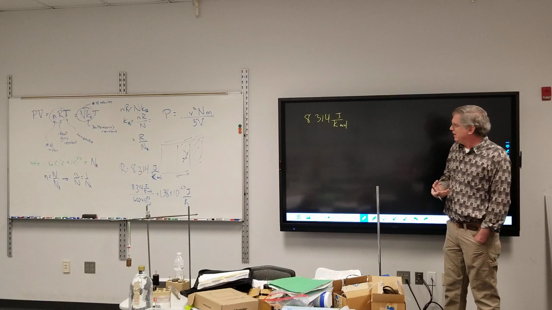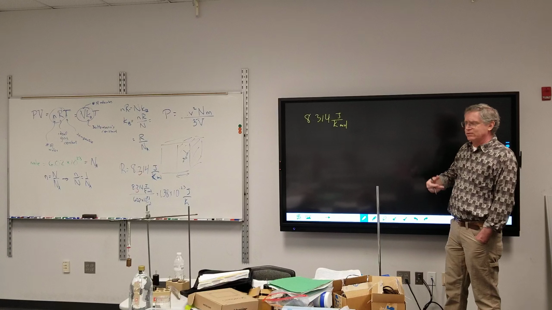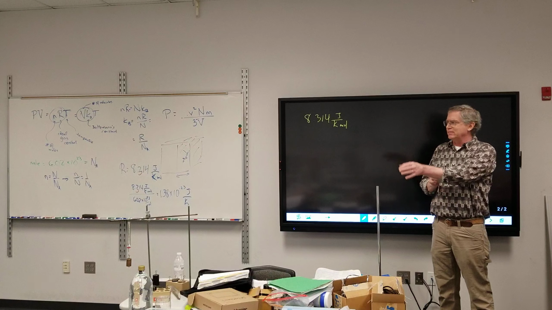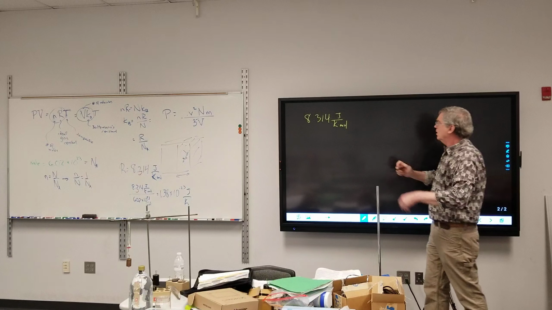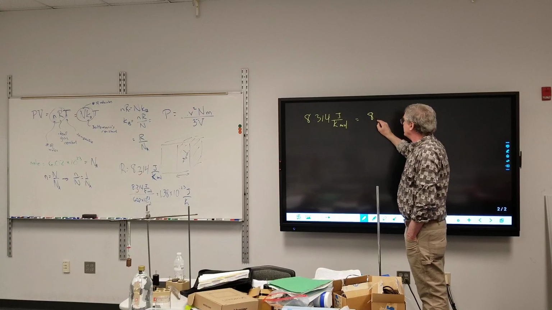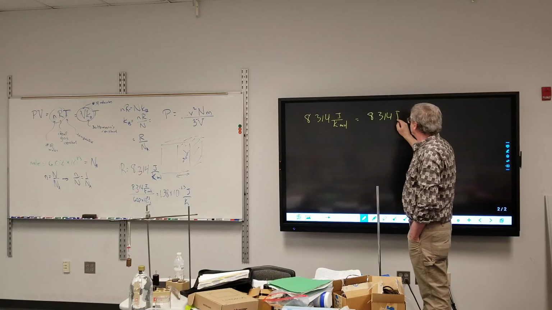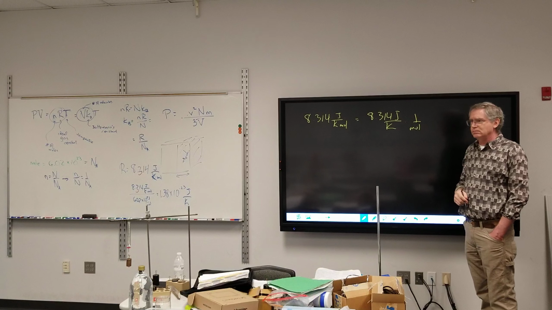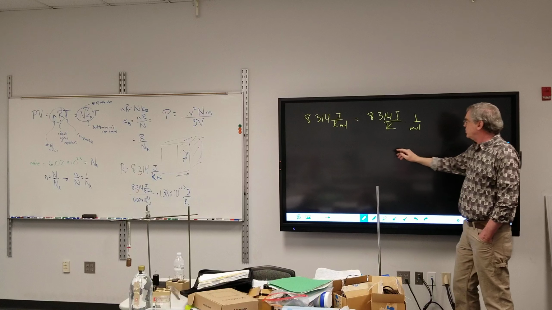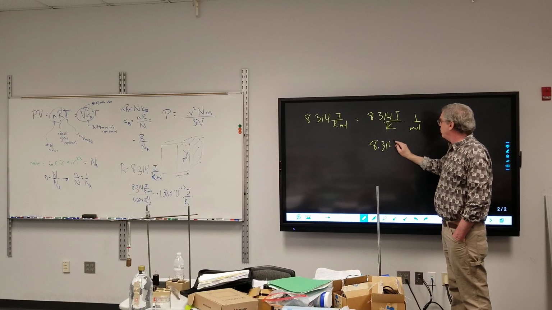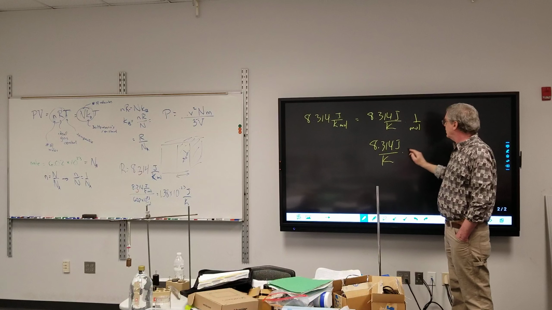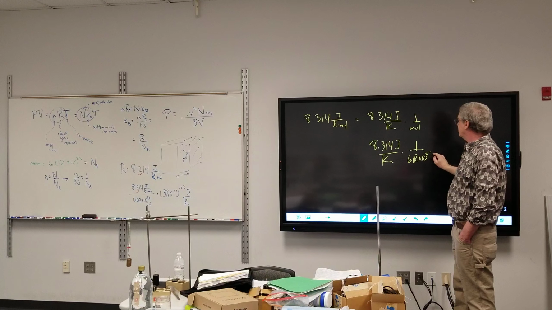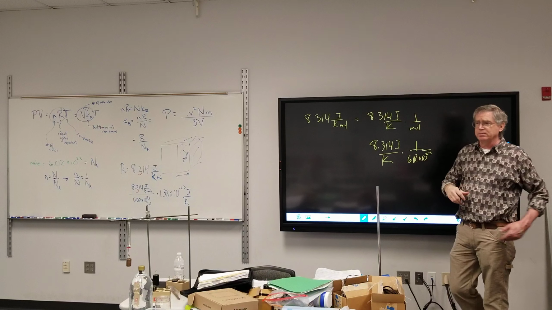What threw me when I first dealt with moles is it looks kind of like the abbreviation for molecule, but it's just a number. Therefore, that's the same as 8.314 joules per Kelvin times 1 over moles, which is 8.314 joules per Kelvin times 1 over 6.02 times 10 to the 23rd. That's why the moles can disappear.